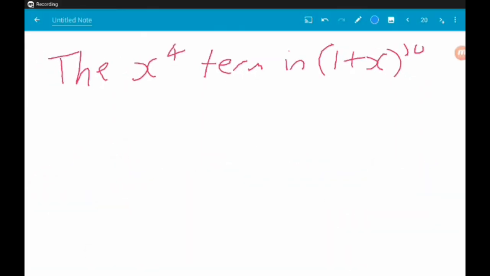Now what would be really handy is if we could write the top in factorial form too. And the good news is we can. So here we're going to look at the x to the power 4 term in the expansion of 1 plus x to the power of 10. So, we know by the formula, the coefficient here would be 10 times 9 times 8 times 7.